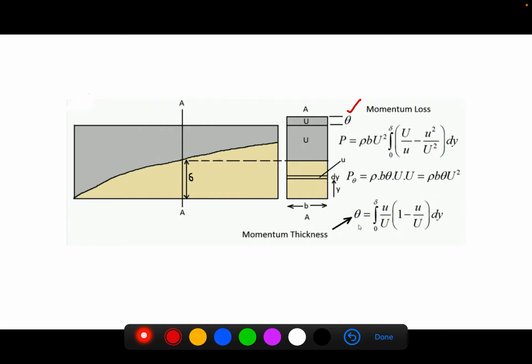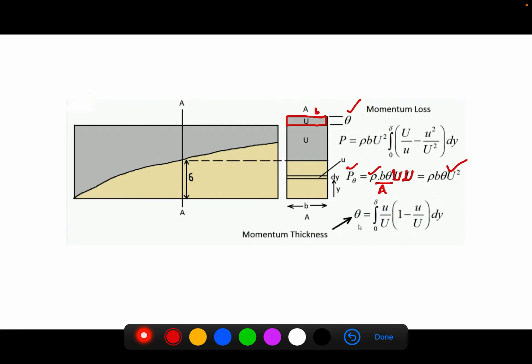That is nothing but m dot into capital U. What is m dot? m dot is equal to density into area, and this area is b into theta. So density into b theta into velocity capital U, and multiplied again with U gives rho b theta U square.